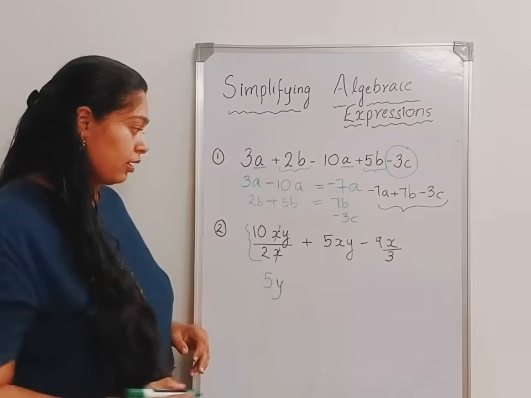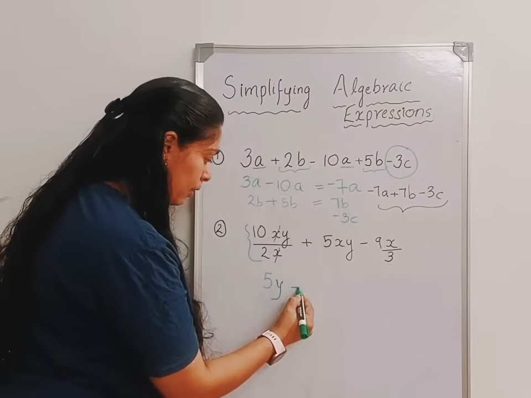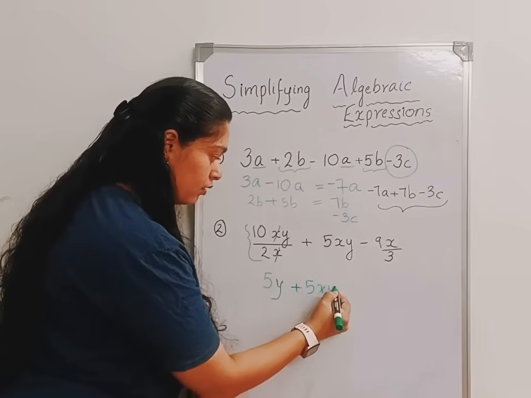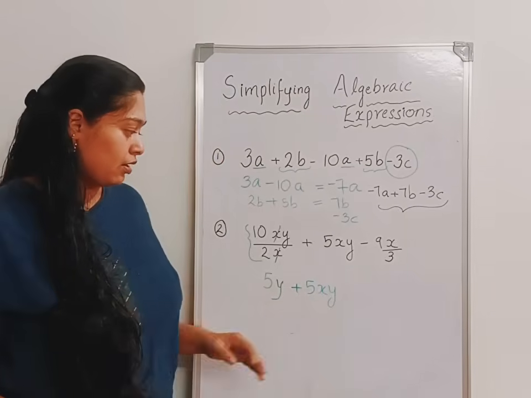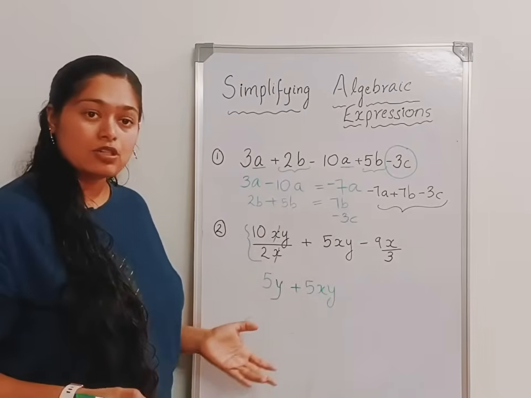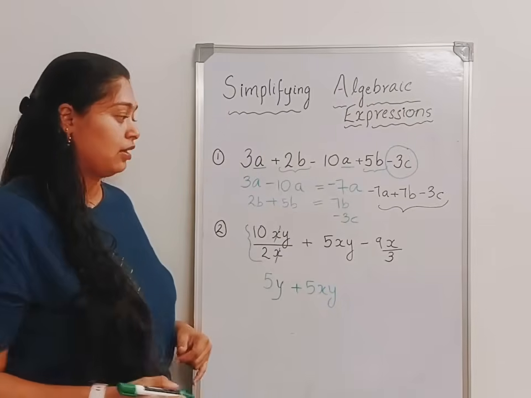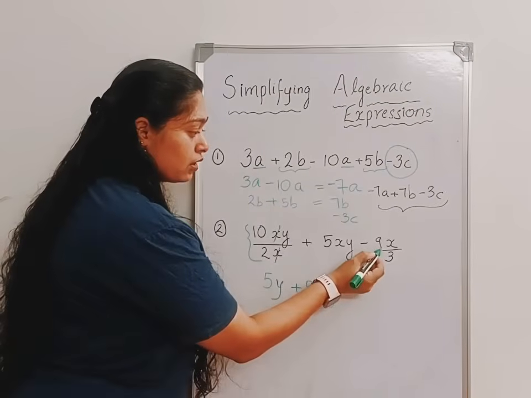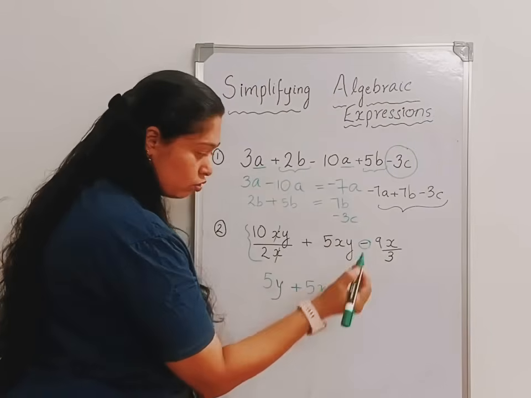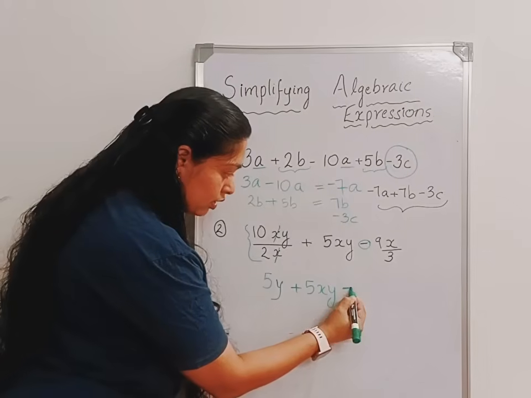So we have 5y. Now over here we have plus 5xy. Currently we are not going to change anything about it because there are no like terms, no division, no other subtraction. So let's take it like that itself. And again we have a division over here, 9 by 3. And if you see there is a negative symbol, so don't forget the negative symbol, let's put negative.